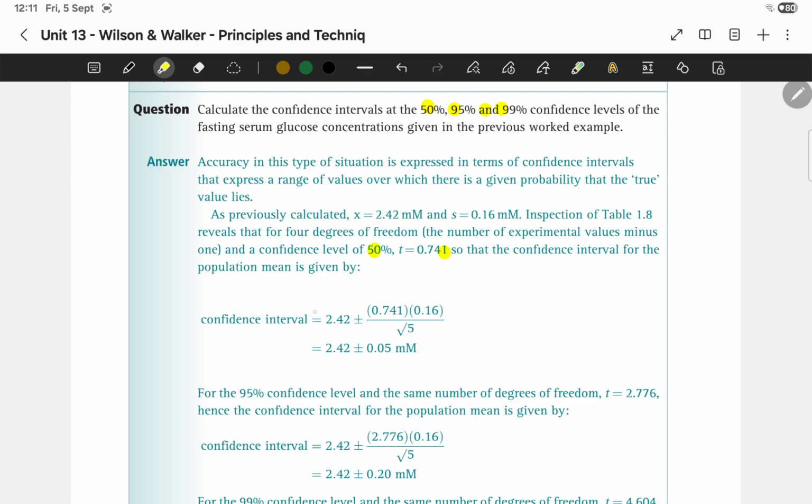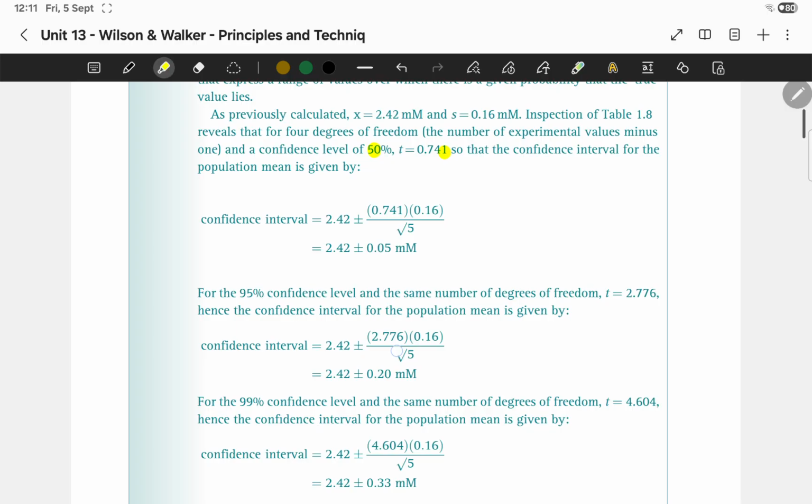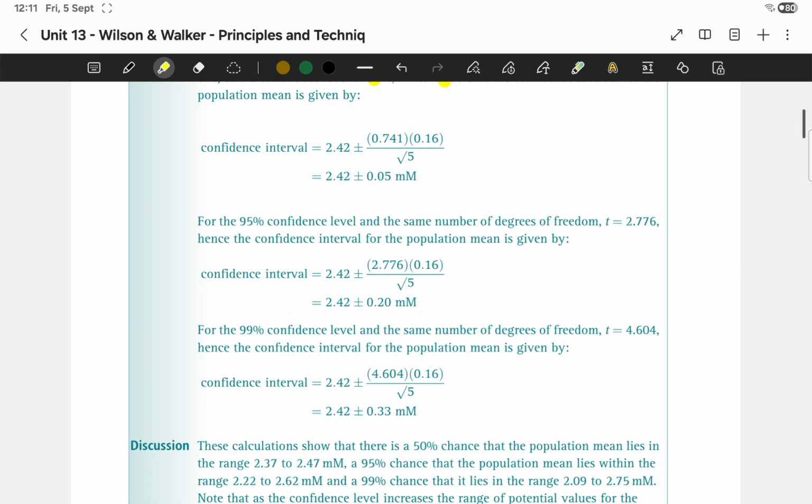The confidence interval is x̄ plus or minus Student's t into the standard deviation upon the square root of n. So we'll be getting this. For 95%, the t is this. We'll be putting t there and we'll be getting this.